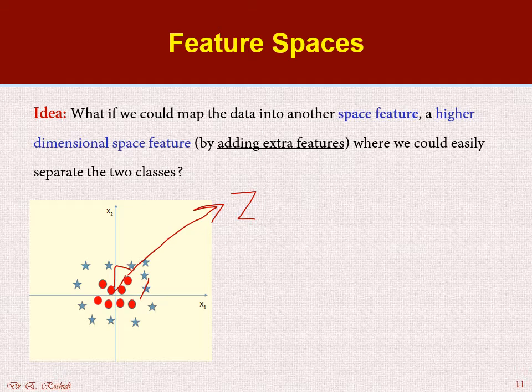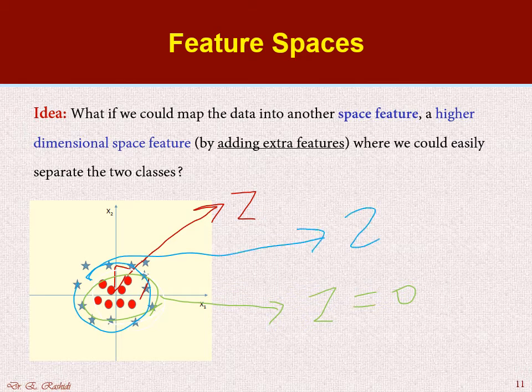For example, we would keep the circles at Z equal to 0, and we would lift the stars to Z equal to 1, keeping x1 and x2 the same for them. If we do that, we're going to have a three-dimensional setting that is easy to separate with a plane, a hyperplane.